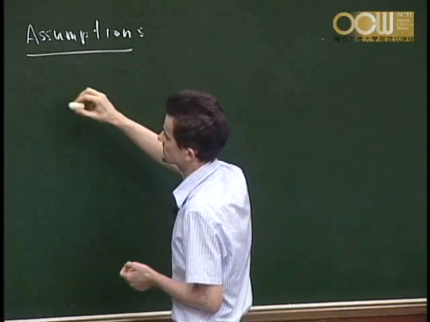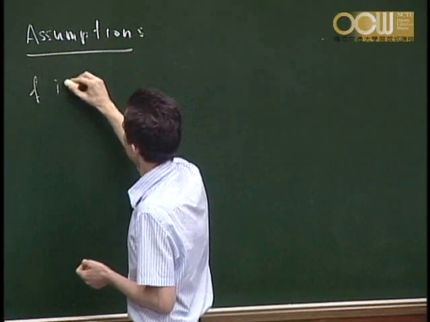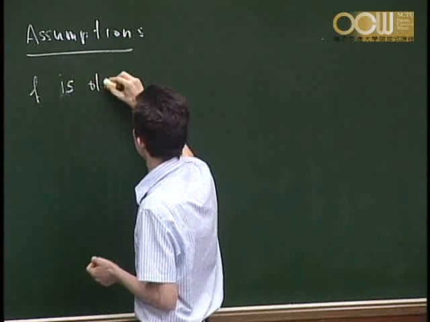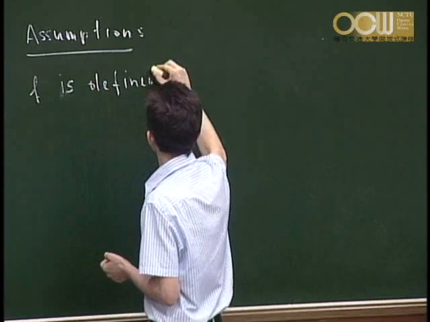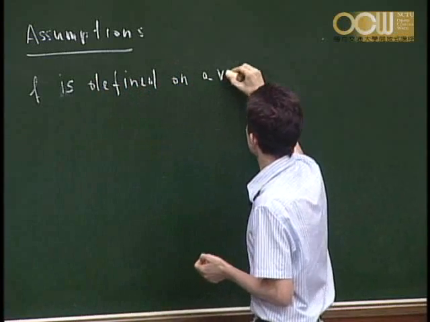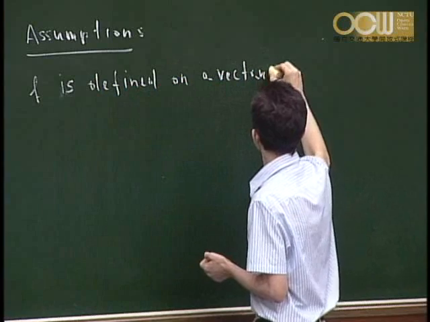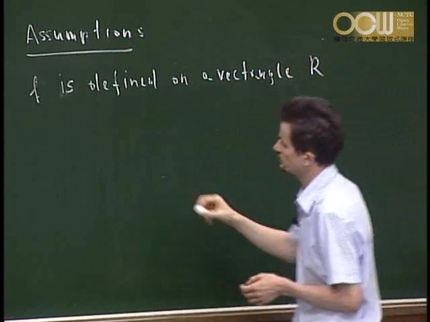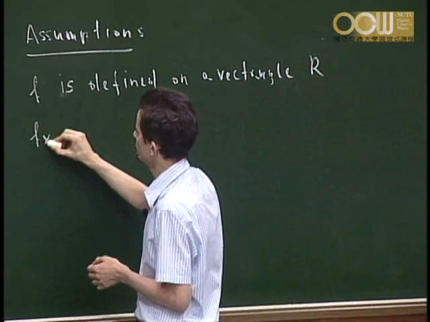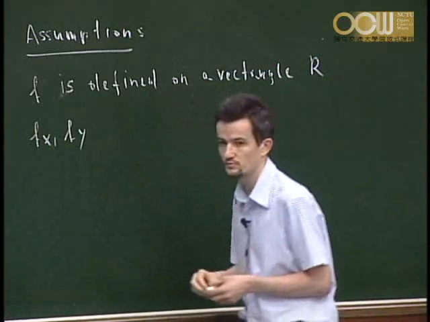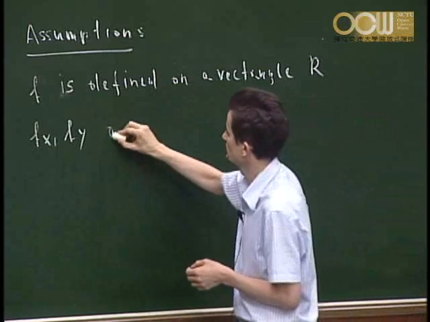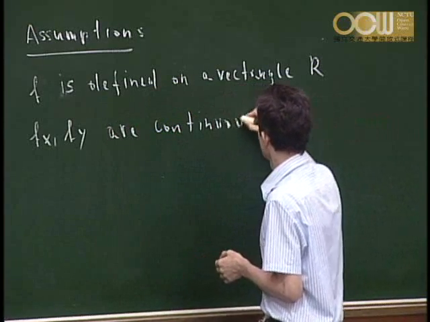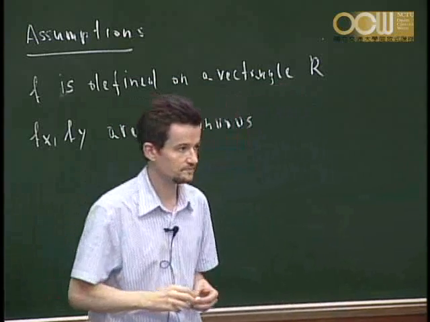So we assume that f is defined on a rectangle R, and we assume, and it will become clear in a few minutes why this is necessary, that the partial derivatives are continuous, of course, as functions of two variables.